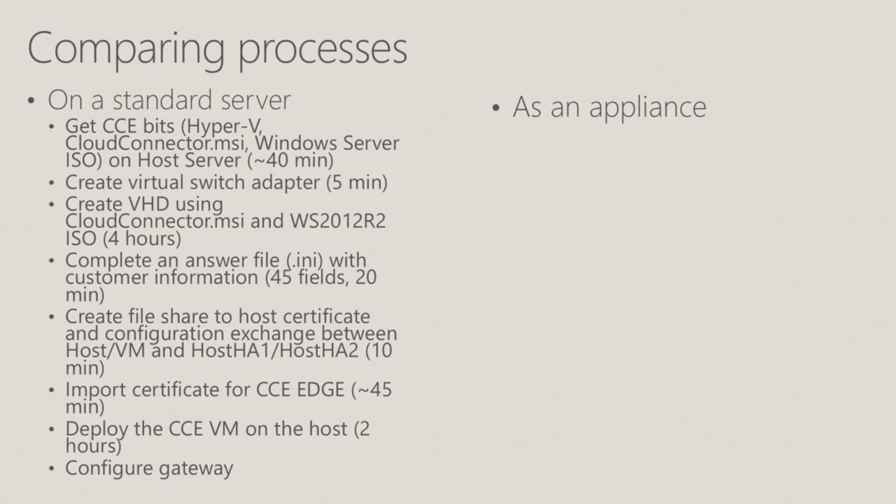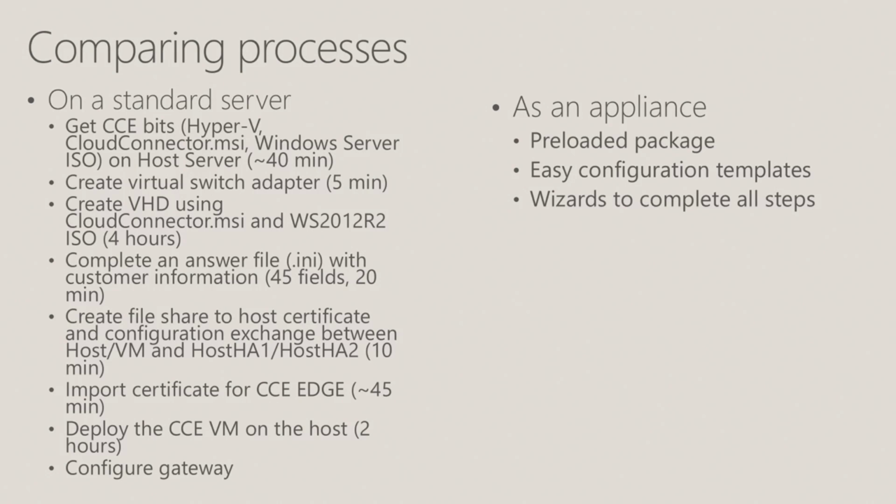You go through the answer file. You have to create the shares to share the certificate. You import the certificate, and you deploy the VMs. And you have to configure the gateway. As with an appliance like Sonus, it comes with a preloaded package. It's easy to configure with templates, and I love wizards.